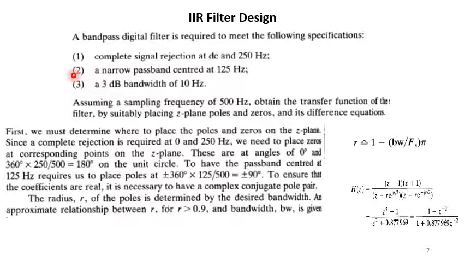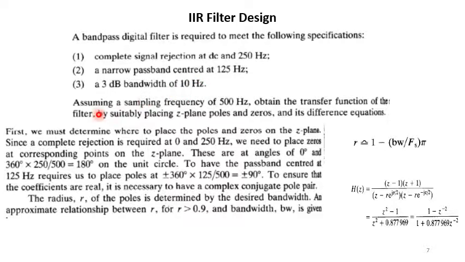For example, we have to design a band pass digital filter having the following specifications. The first is complete signal rejection at DC, that means at 0 Hz, and at 250 Hz. A narrow pass band centered at 125 Hz, with a 3 dB bandwidth of 10 Hz.